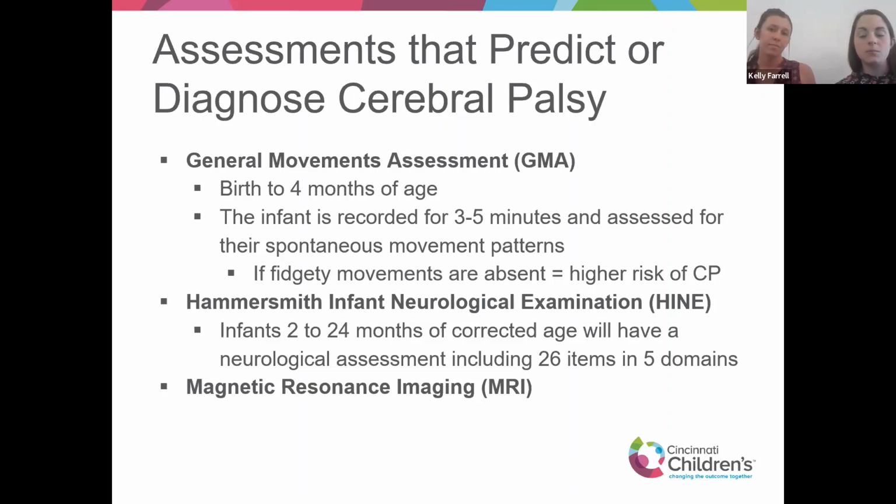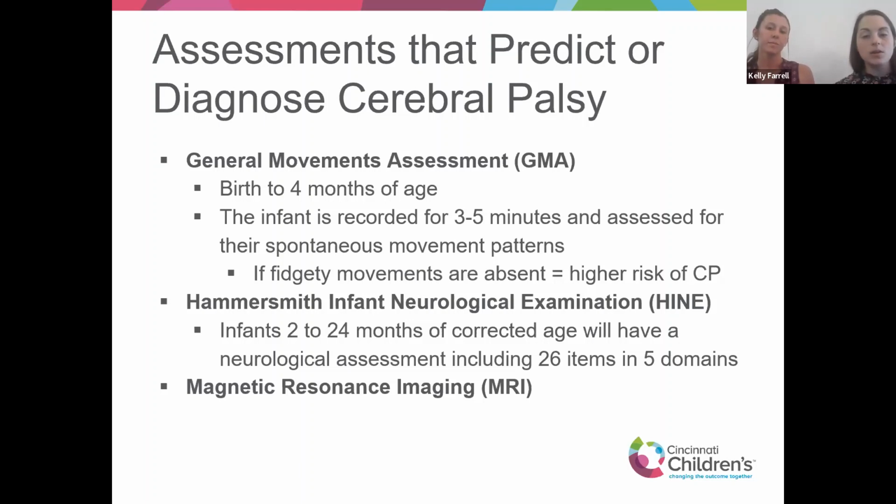Then we can also complete the Hammersmith Infant Neurologic Examination, which we usually call the HINE. This can be done from 2 to 24 months of age. And when we say corrected age on this slide, this means that if the baby was born early, earlier than 37 weeks, we are able to subtract that time out and base their age on if they were premature or not.